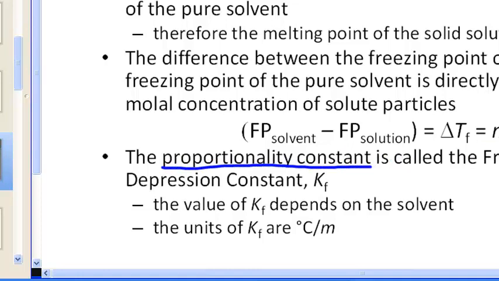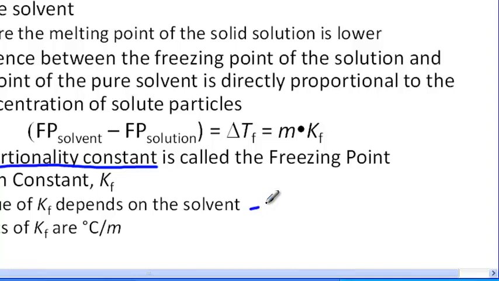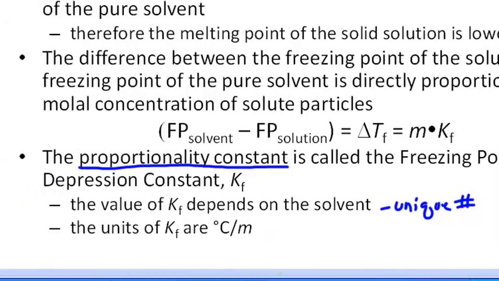is an experimentally determined constant that tells us how many degrees Celsius the solution depresses for every 1 molal solution. And it's a unique number for every solvent. These are published in tables. Let me show you one.